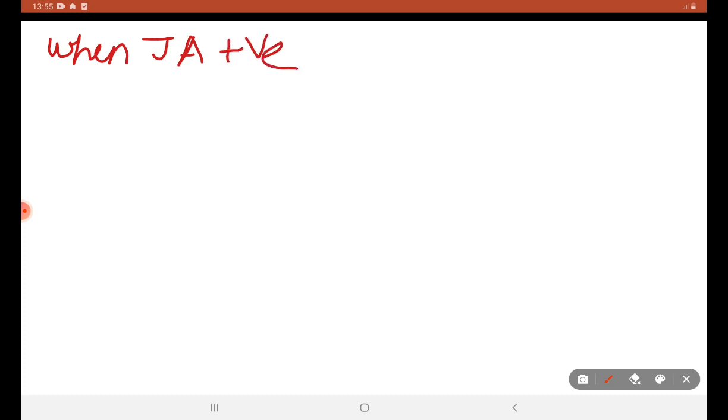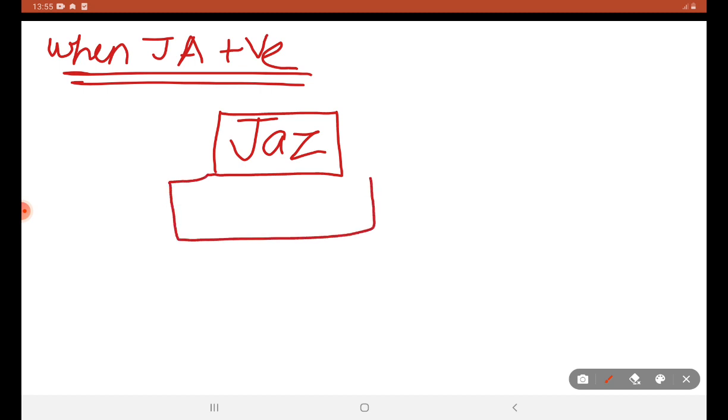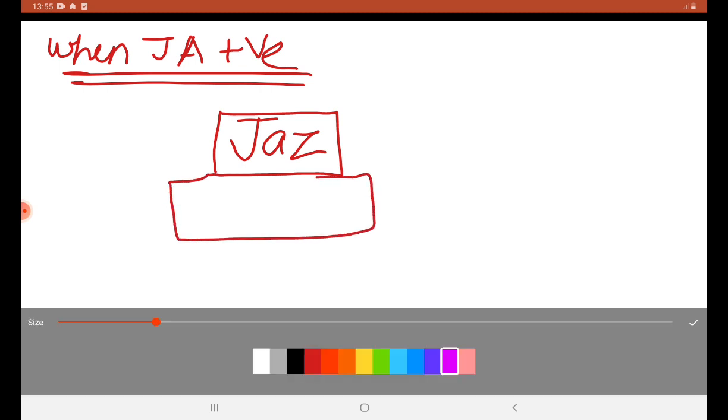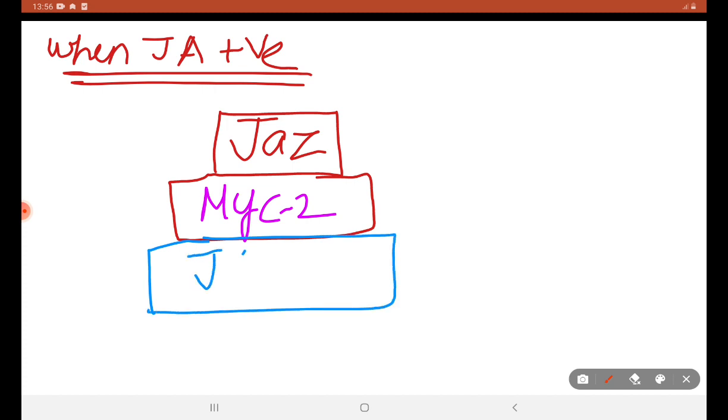When jasmonic acid is present, jasmonic acid will bind with MYC2, will bind with JA.